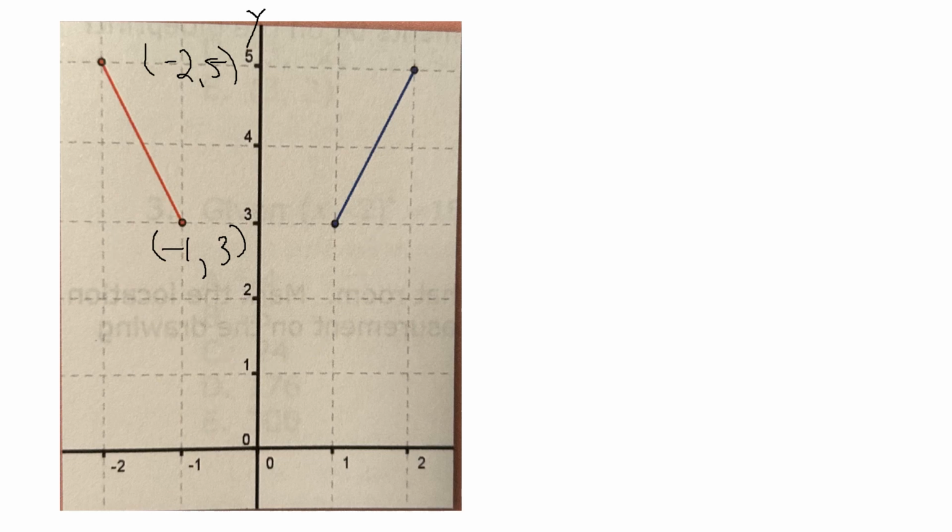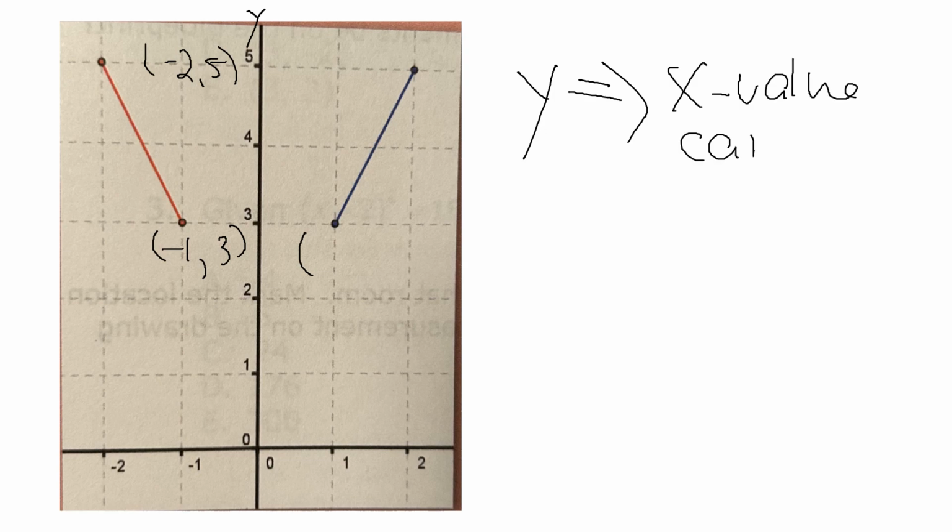Now mathematically, to figure out if you are flipping from the y-axis, the x values change sign. So my x is going to go from -1 to +1, but my y value is the same.